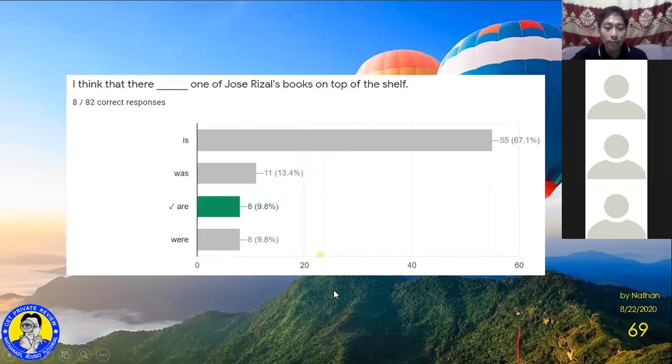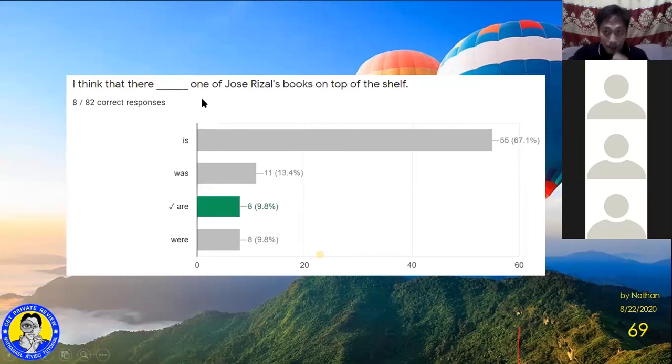"I think that they're blank one of Jose Rizal's books on top of the shelf." And everyone answered "is." I would have answered "is" also because you have the word one, right? One.